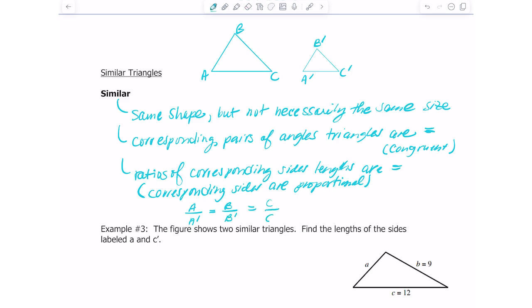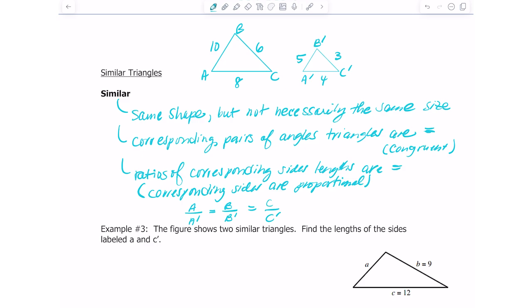So in other words, let's say I had 10, 8, and 6, whatever units, feet, inches, whatever. Let's say I make this 5, 4, and 3.